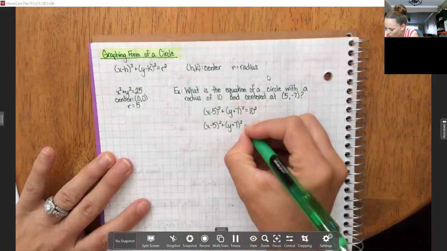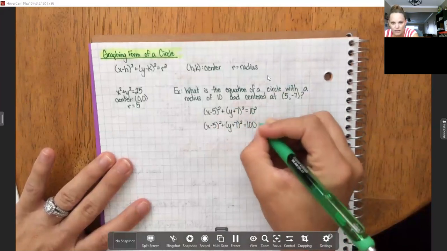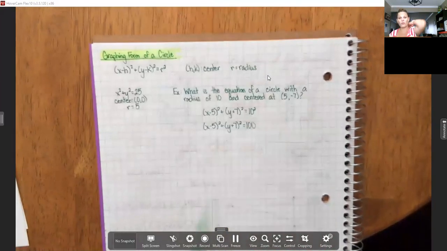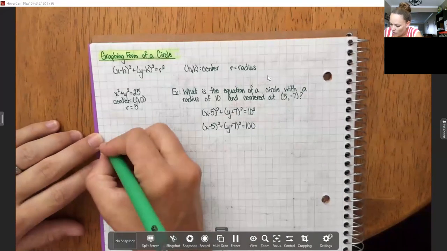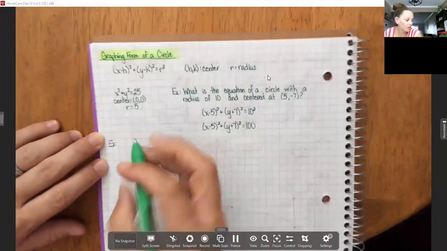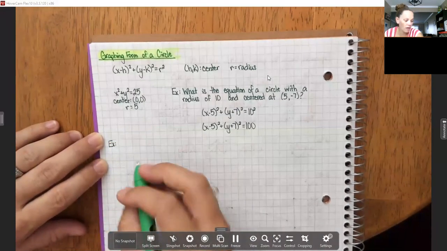Either way, we know that these are the same thing. You should be able to recognize it either way though. And then one more example, this is from 92 part B.